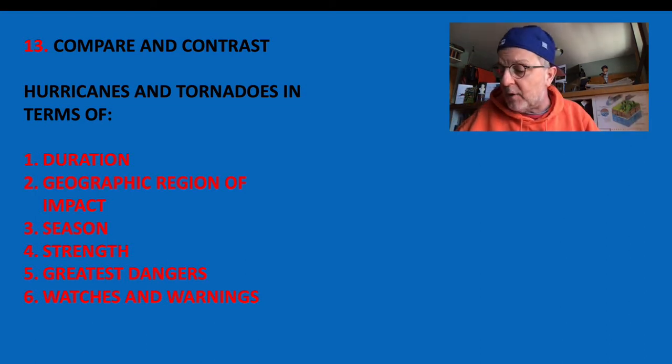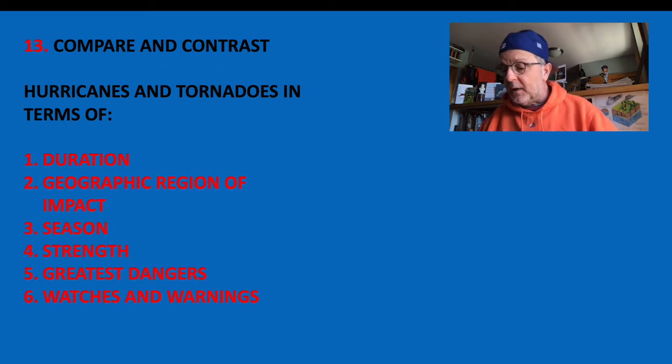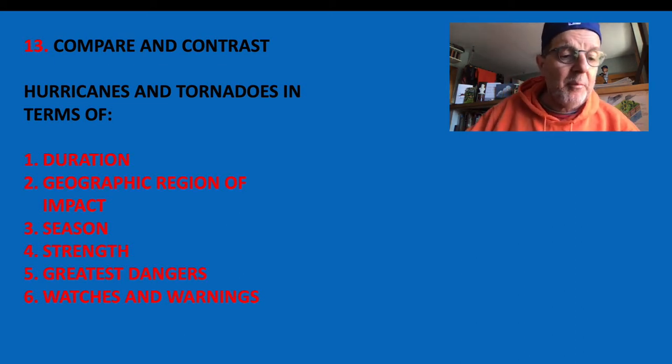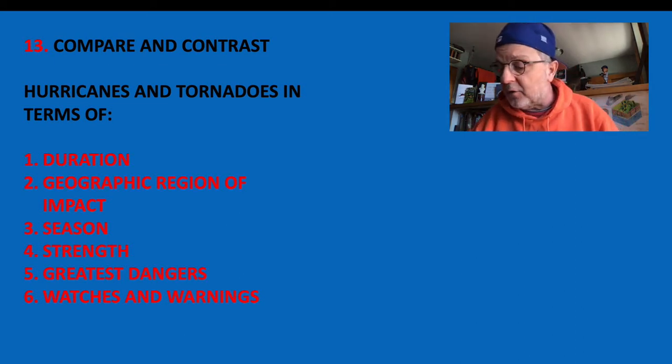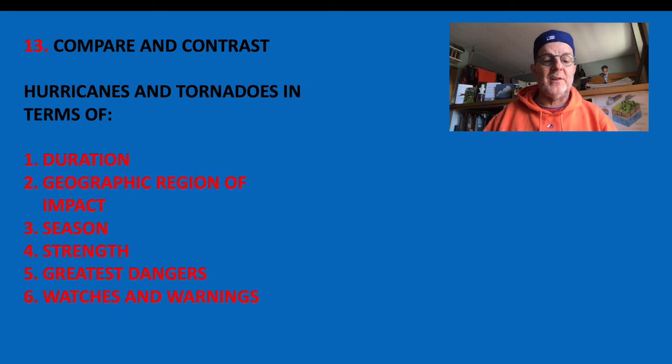The geographic region, where they happen, their season, when should we expect them, their strength, comparative, greatest dangers, comparative, watches and warnings, comparative. Please compare and contrast these two types of storms.